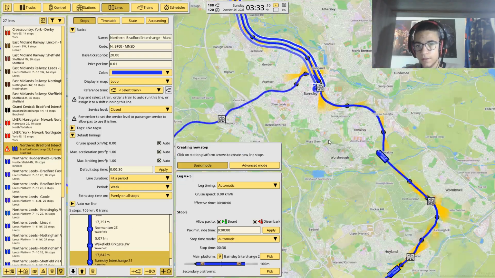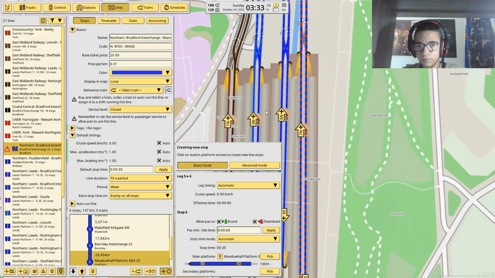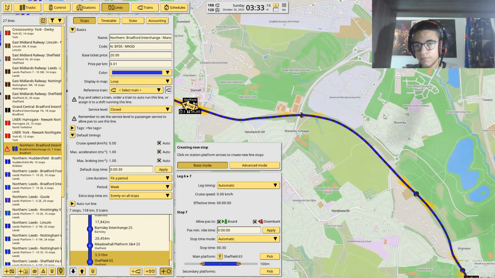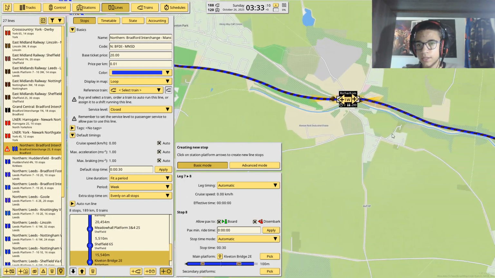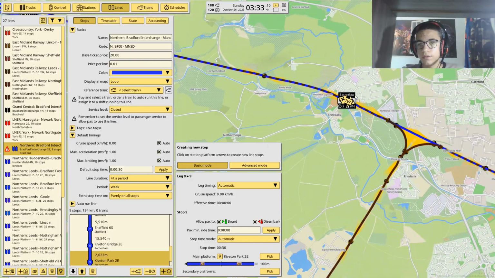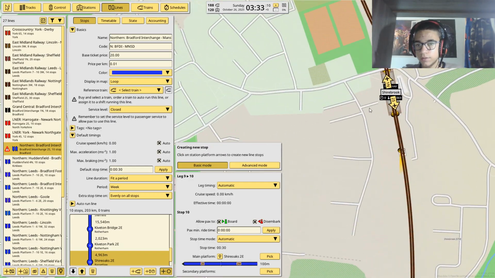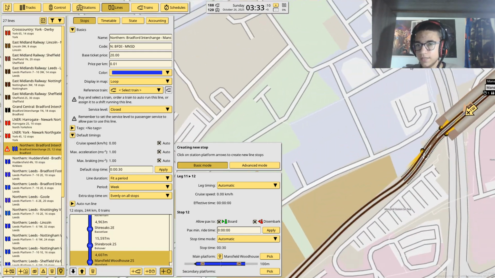Barnsley, Meadowhall, Sheffield. Apart from 6, I'll do 6. Pass a couple of these stations. Kivington Bridge, Kivington Park, Shire Oaks, and then down to Shirebrook, Mansfield Woodhouse, and then Mansfield.